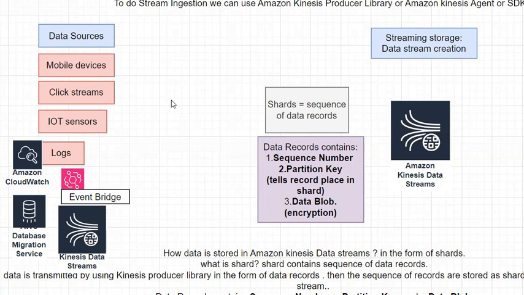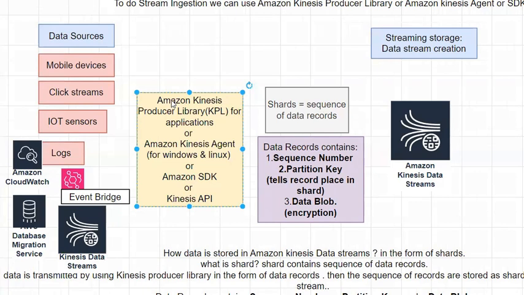To stream or ingest, we need to use the Kinesis Producer Library or Kinesis agent. For Windows or Linux machines, we use the Kinesis agent. For applications, we use the Kinesis Producer Library.